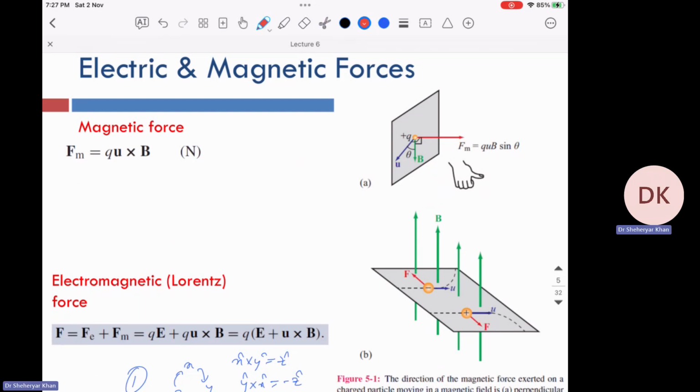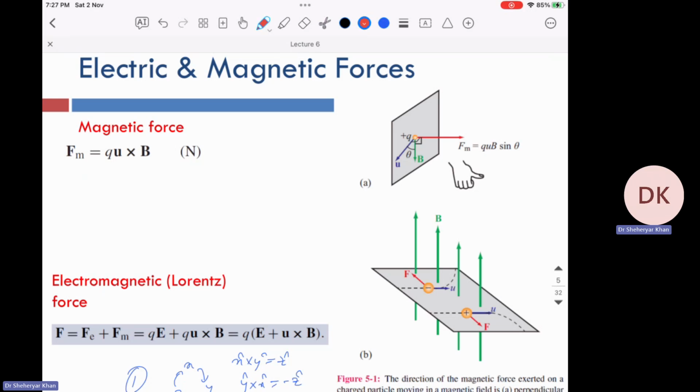Now, if these charges are feeling forces, remember in the previous discussion, there's also a Coulomb force, right? So charges also have forces, and the magnetic field also has a force. The sum of these two forces, Fe and Fm, is what we call the Lorentz force. Now, this is very, very important, very common, and has a lot of applications. I'll show you. The first force is due to QE. Another force is QUB. Now, this is the static force, just charges can feel the force. And this is the current, so the currents can feel the force. This is what we call the Lorentz force.